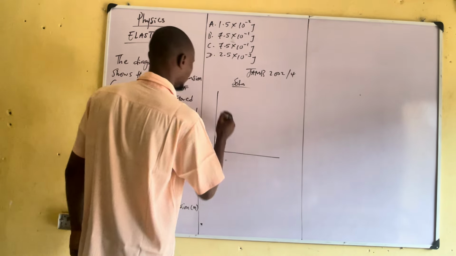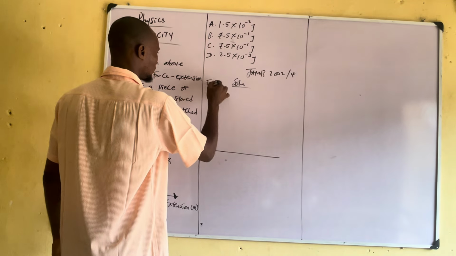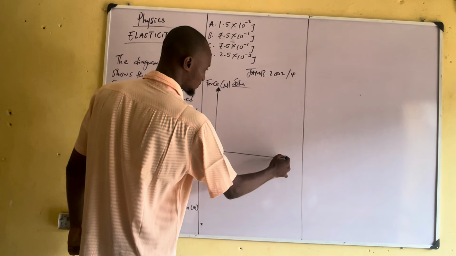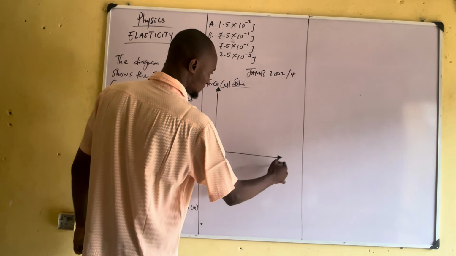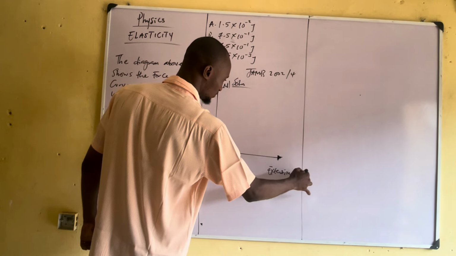Solution. We have to draw the graph again. We draw the diagram. This side is force, measured in Newton, and this side is extension, measured in meter.